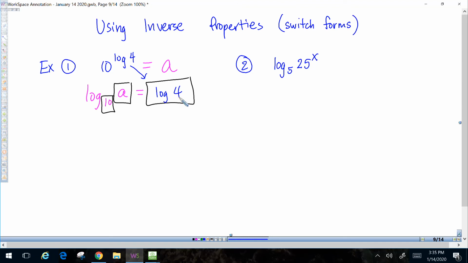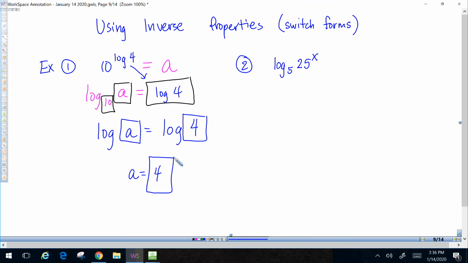Do we ever write log base 10? No, that's a common log. So this is really just log of a equals log of 4. So a has to equal 4. The answer is 4.